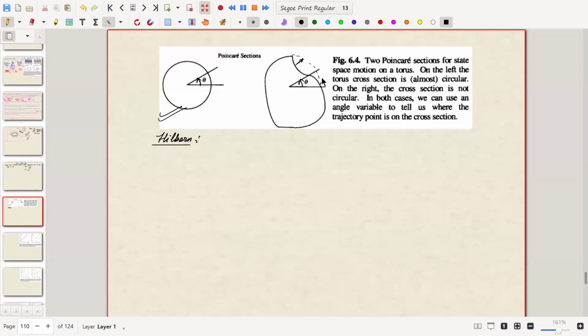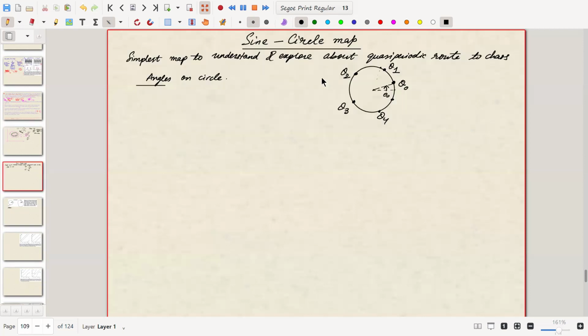So how do we write a map? Now you understood that this is a map where you have the angles, and the angles keep iterating to new points. Can you tell me the general form of how it should look? I'm not asking for the exact form. Just by looking at our previous slide: from theta naught you go to theta 1, from theta 1 you go to theta 2, and so on.